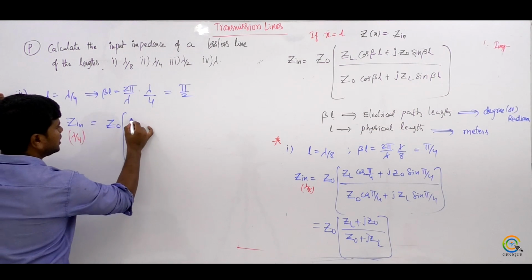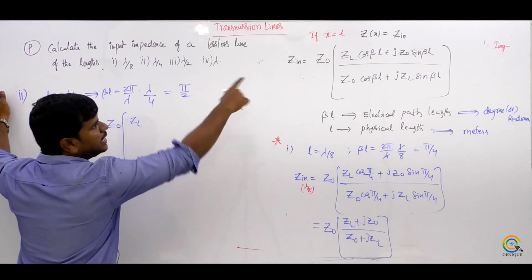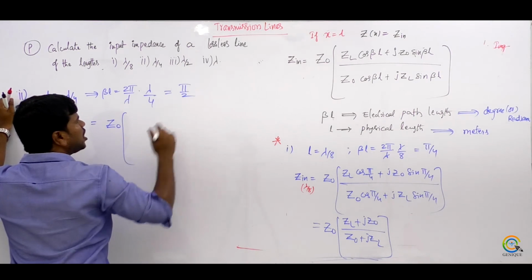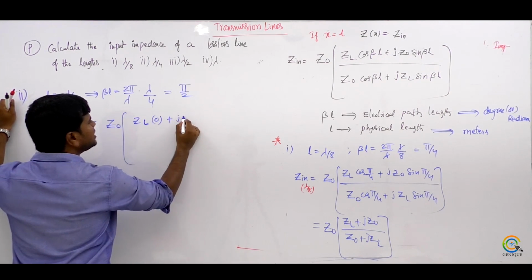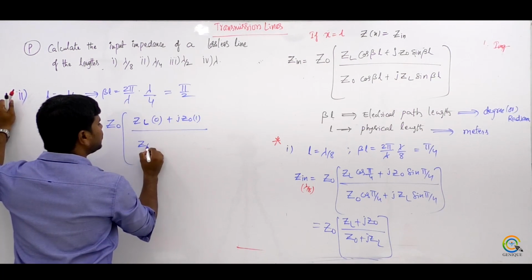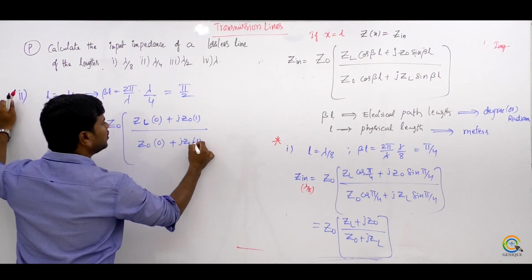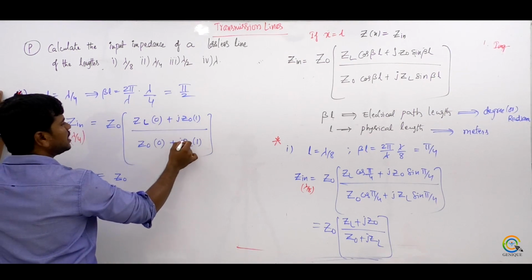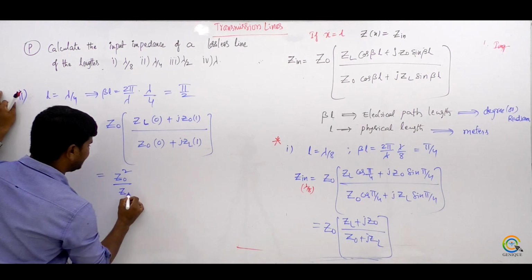So this is equivalent to Z0 (ZL cos beta L plus jZ0 sin beta L) divided by (Z0 cos beta L plus jZL sin beta L). Cos pi by 2 is 0 and sin pi by 2 is 1. How much will you get? The j gets cancelled, giving Z0 squared divided by ZL.